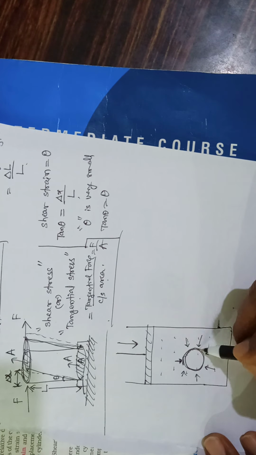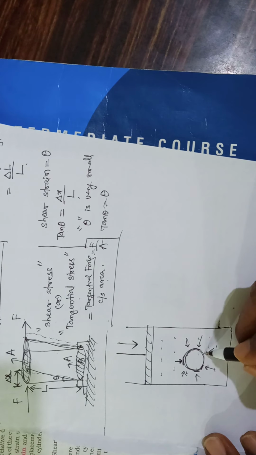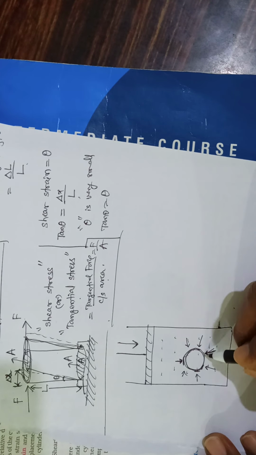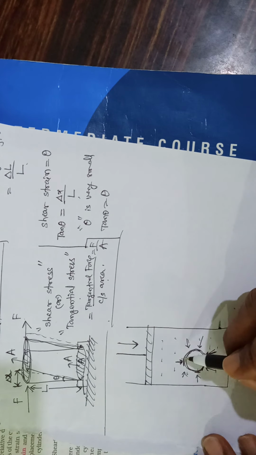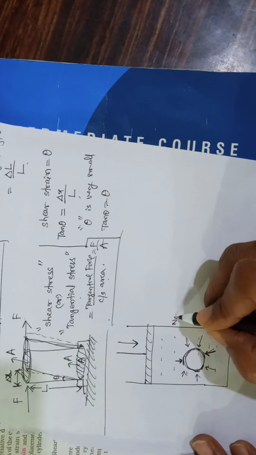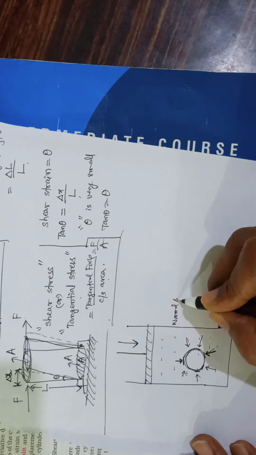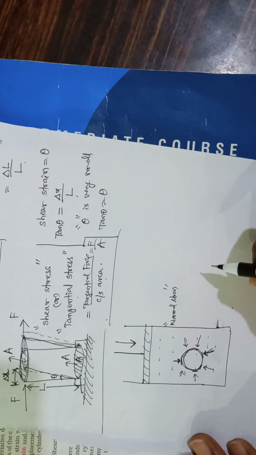Anywhere it is perpendicular. At any point the force applied will be perpendicular. Therefore the stress it undergoes will be called normal stress. It is a type of normal stress.